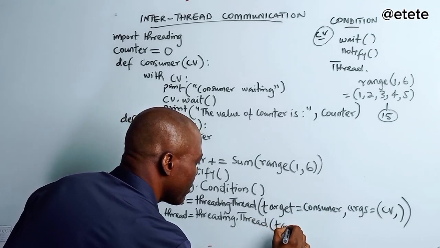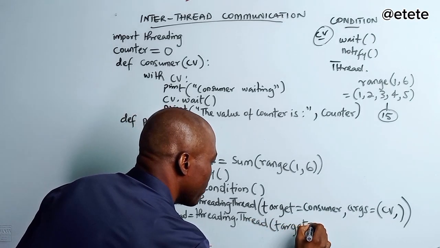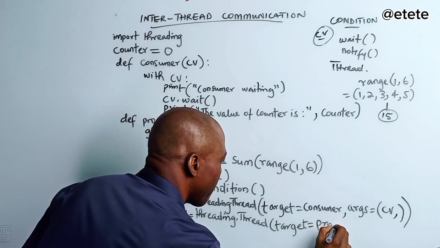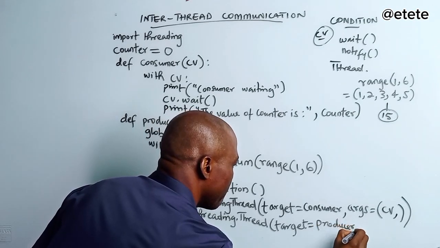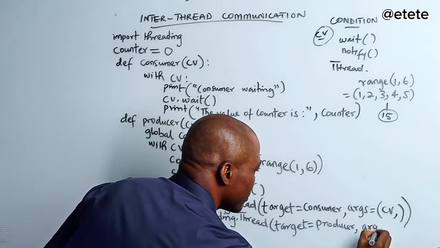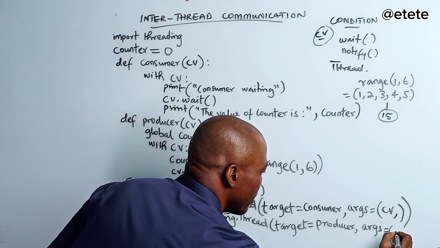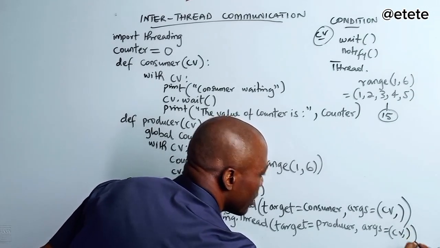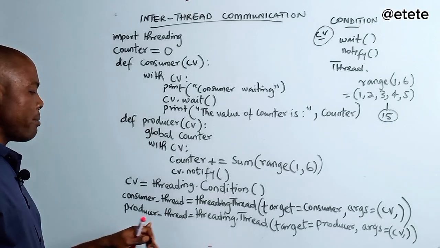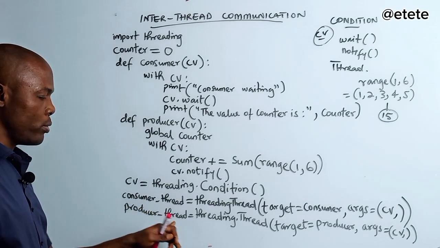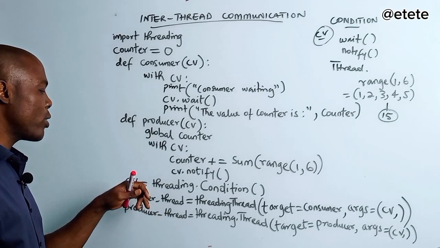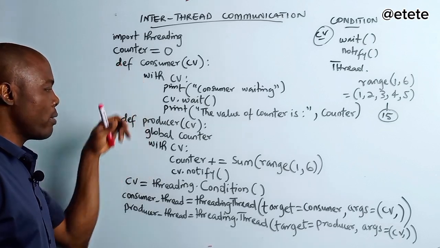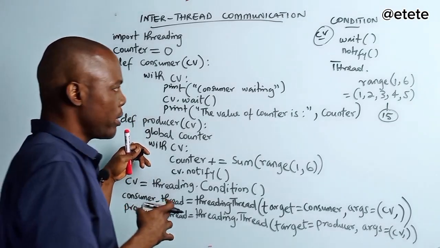Then target equals producer, comma, the args, which is the argument, CV. All right. So I have created my two threads, consumer thread and producer thread, that are going to use this condition to perform these two tasks. That is what I have done.